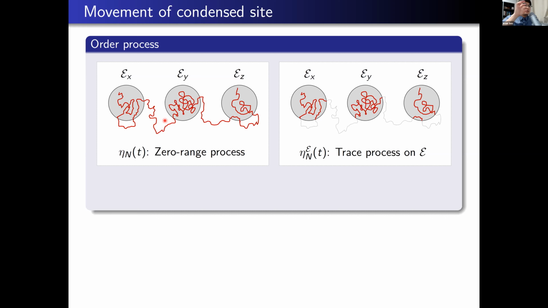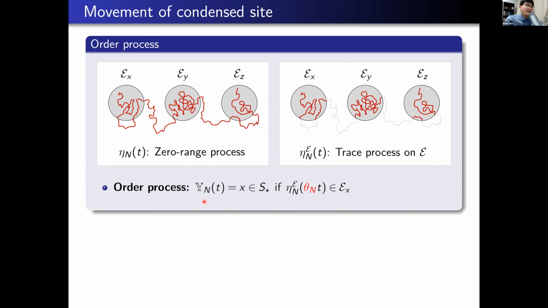To understand this jump behavior, you first define the trace process, which is obtained by removing all the excursions outside of these metastable valleys, to simplify our computation. Then define the order process as follows. You don't want to look at the exact location where you are. You just want to look at which metastable set you belong to.